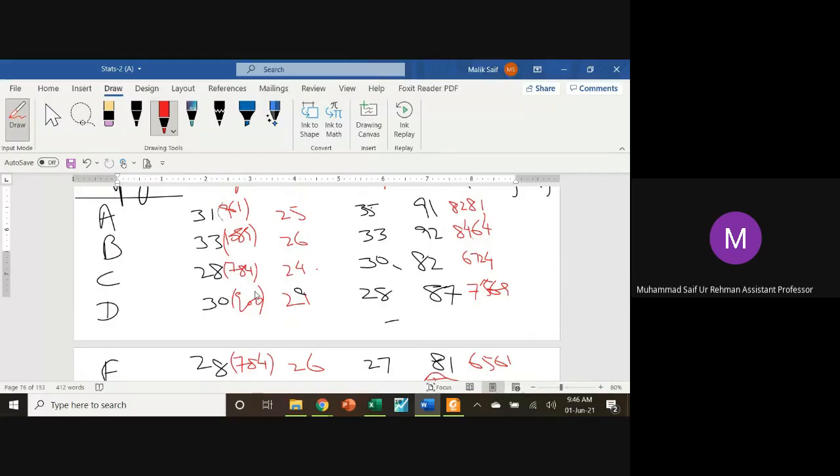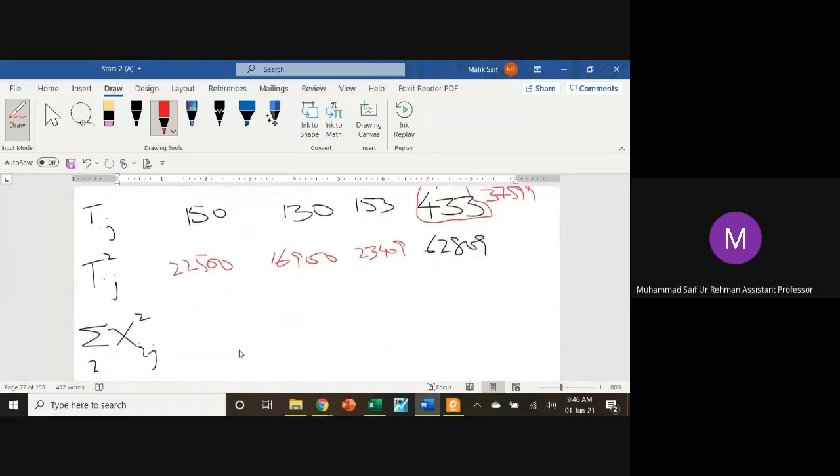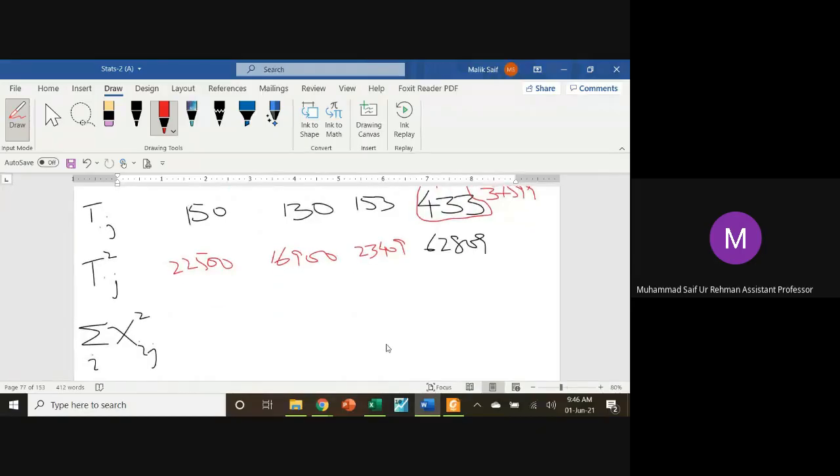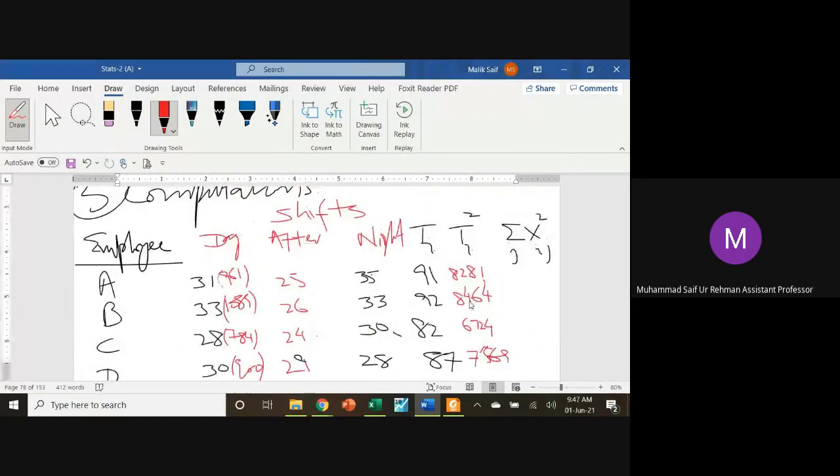See the answer, and the answer will be written in the first column. 961 plus 1089 plus 784 plus 900 plus 784. The answer is 4518. Okay.